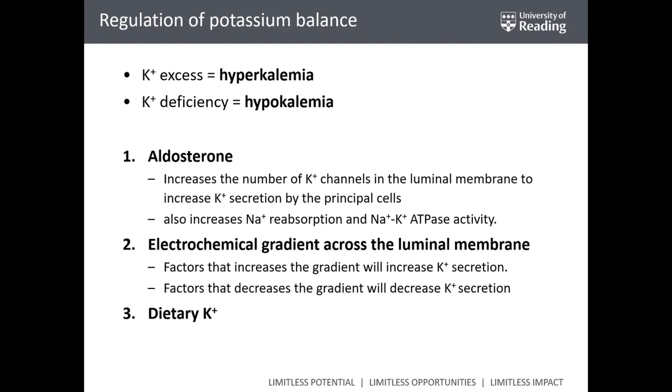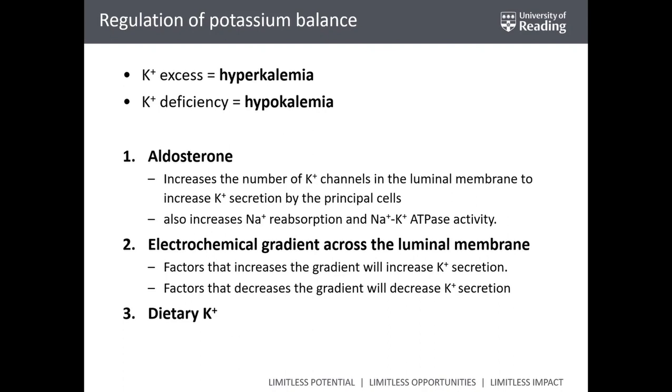And also, last but not least, the dietary potassium. If you eat more potassium, you will have hyperkalemia. If you don't eat enough potassium, you will have hypokalemia. So we've listed three main factors which allow to regulate potassium.